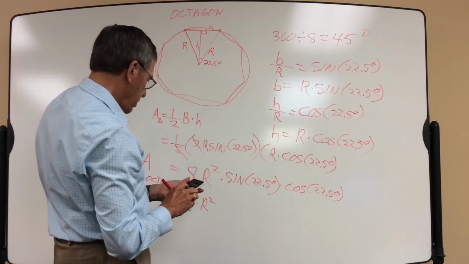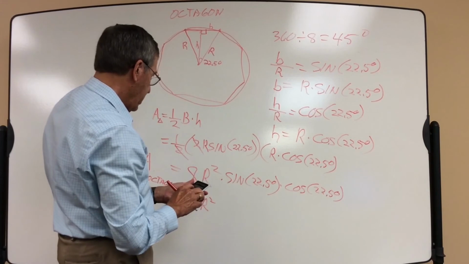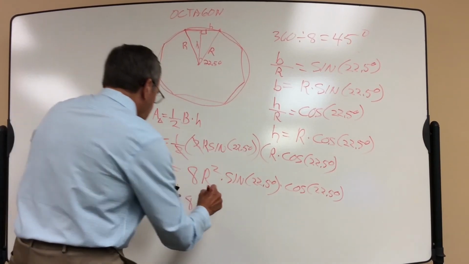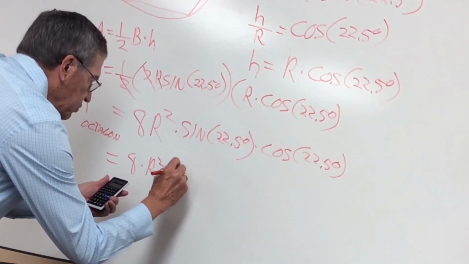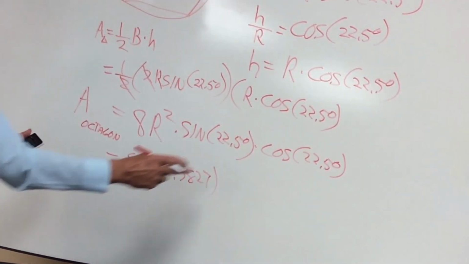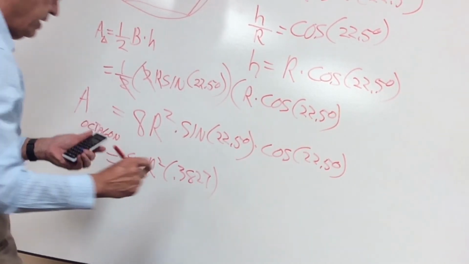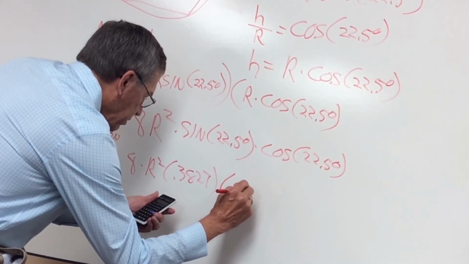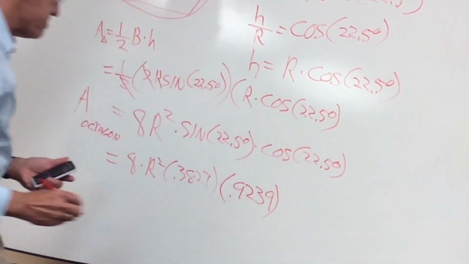So let's do 22.5, and we'll find the sine of that, which is 0.3827, rounded off. Okay, and now we'll do the cosine, 22.5 degrees, cosine 0.9239. Okay?